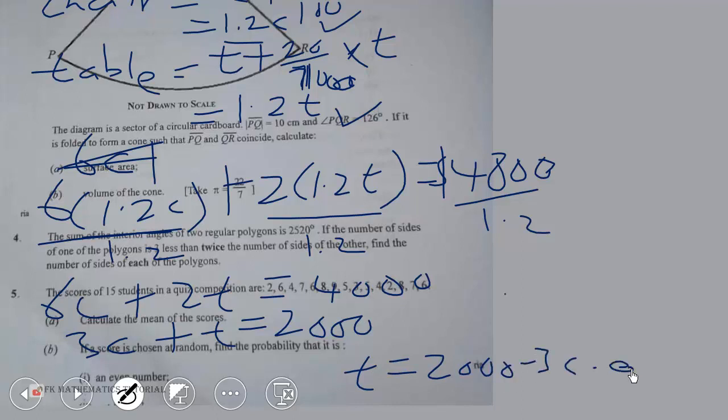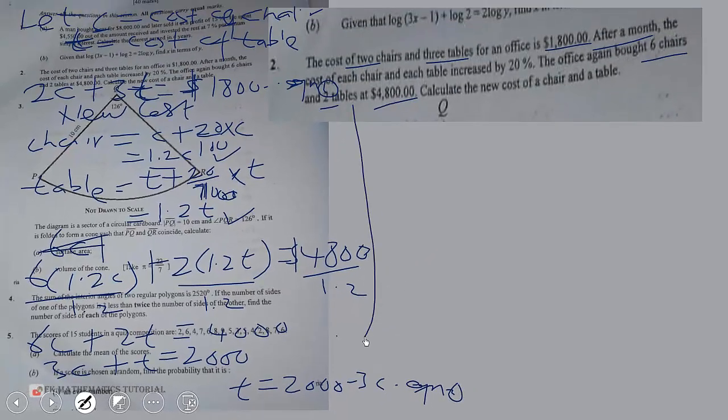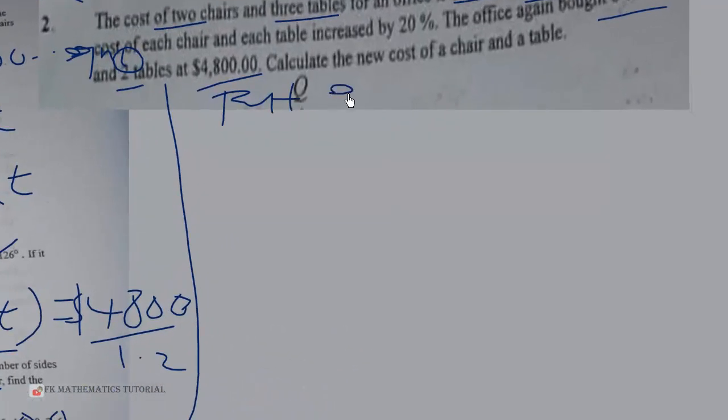So I can call this equation 2 in my case. So I'll put equation 2 in equation 1. So wherever I see t here, I'll put 2000 minus 3c.